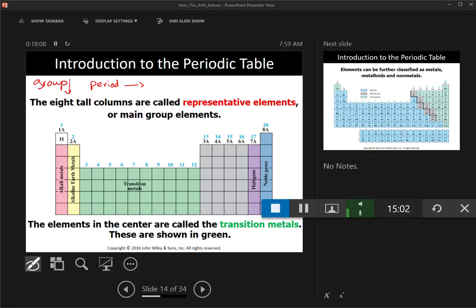In another system, we split the periodic table into main group and transition metals. So you go 1A, 2A, everything in the middle is going to be B elements, and then 3A, 4A, 5A, 6A, 7A, 8A. This A and B system is the one we will use the most in this class.